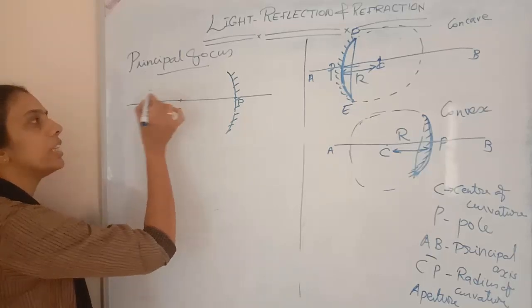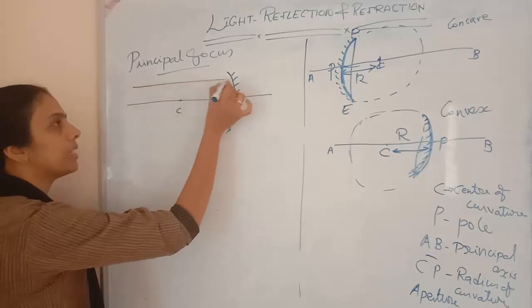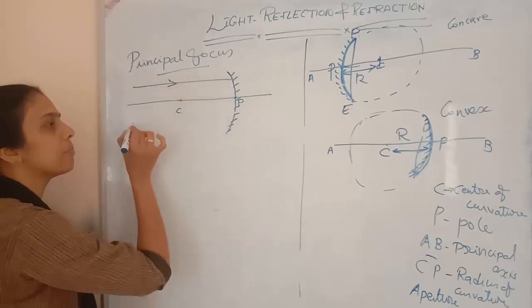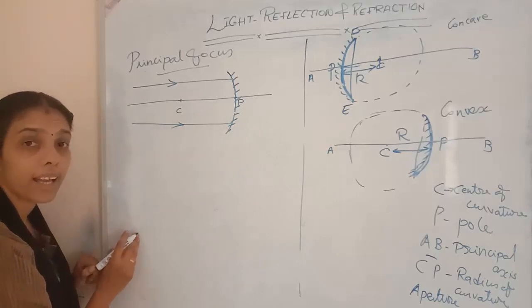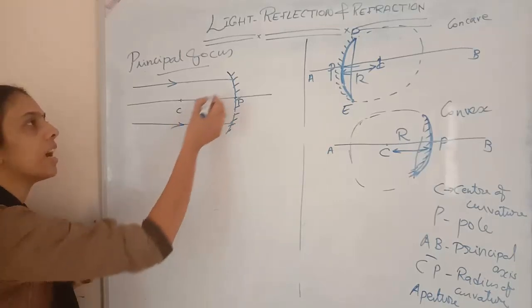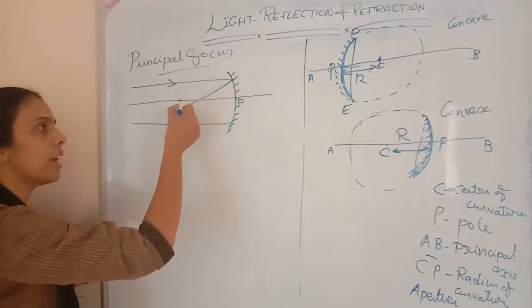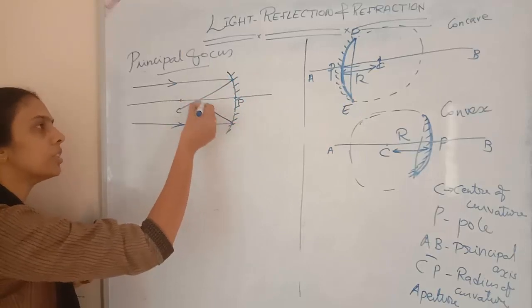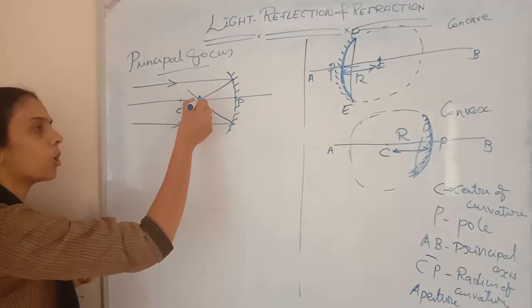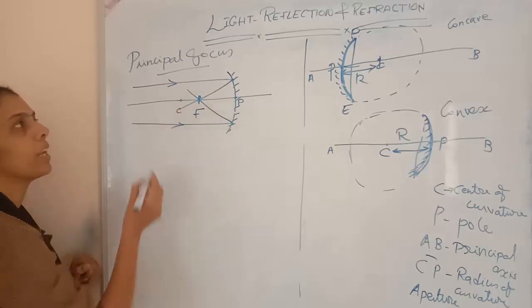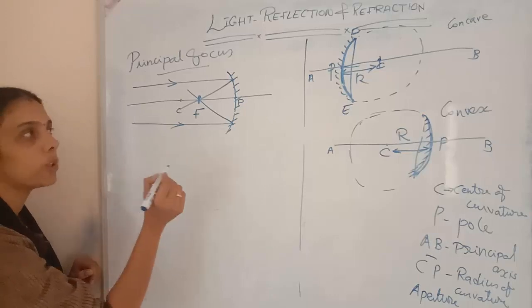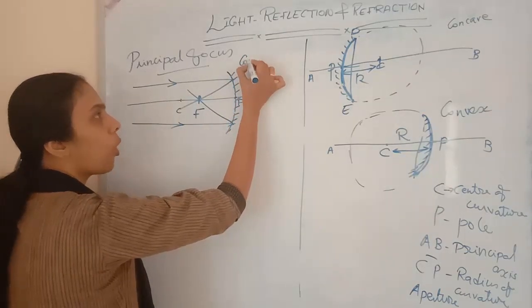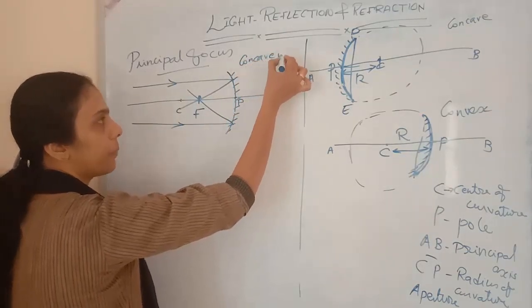Now, the rays which are passing parallel to the principal axis, after reflection will converge to a point on the principal axis. That point is called the principal focus of a concave mirror.